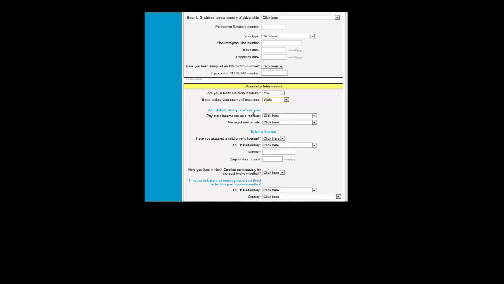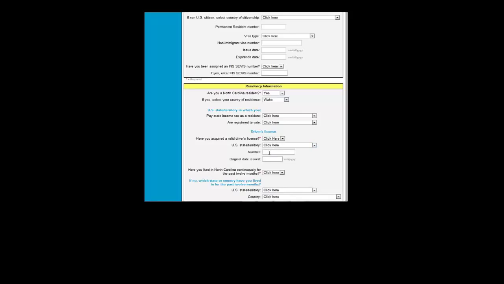Now, designate the U.S. territory in which you pay state income tax as a resident. If your answer was no here, then you'd choose the state you're from. Are you registered to vote? Click yes or no. Your driver's license information is required.